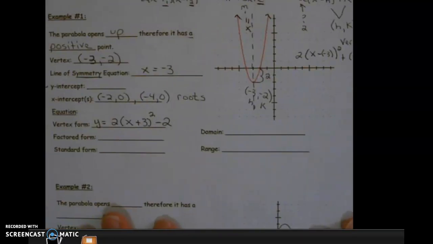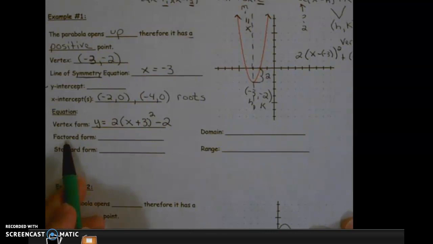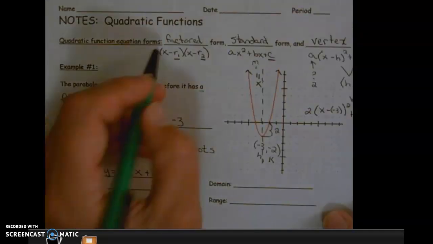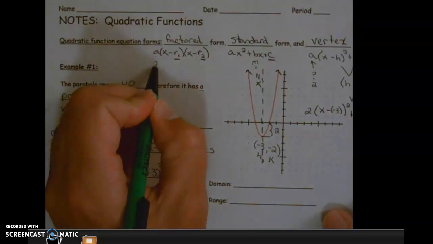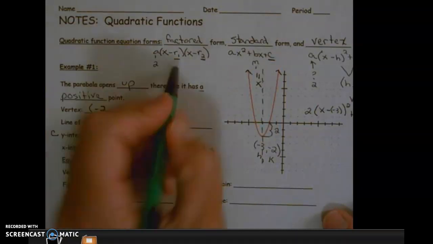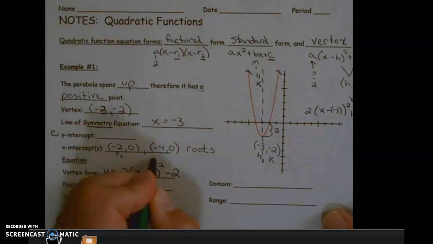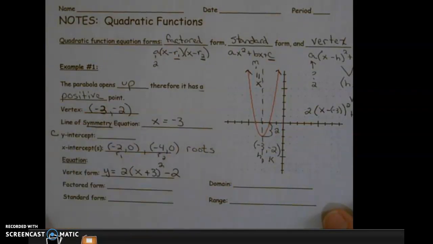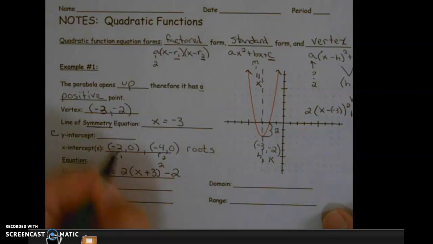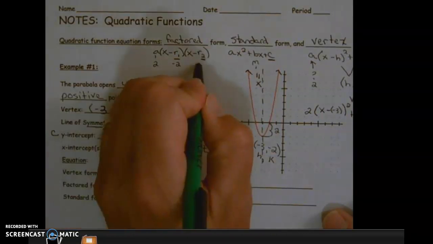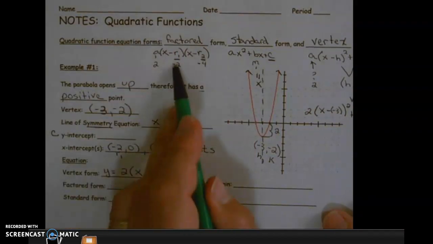Okay, factored form. For factored form, we need the a value, which we already calculated. We need the 2 roots, and we know those as well. Here's root 1, here's root 2. So root 1 is going to be -2, and root 2 is going to be -4. And it doesn't matter, you could put -4 here and -2 here.